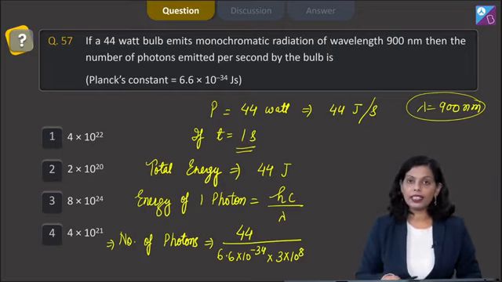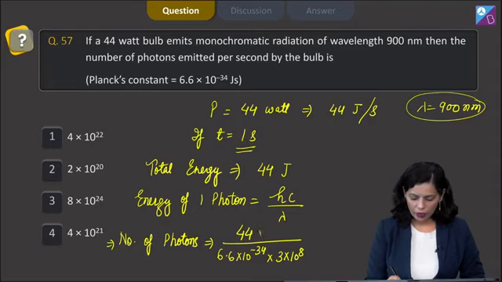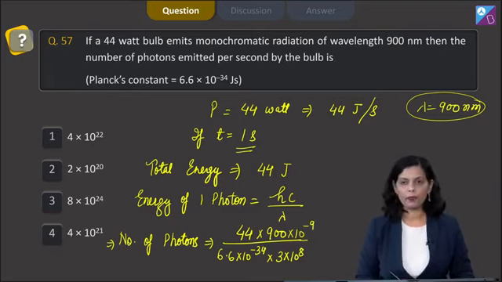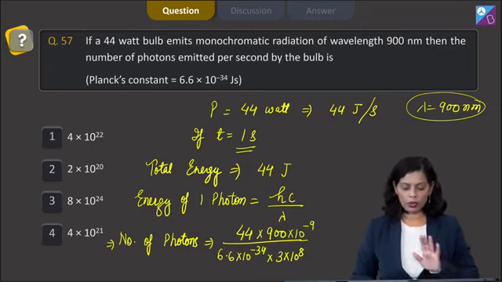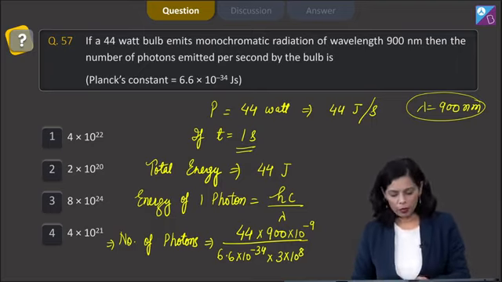Divide this entire thing by lambda. If you are dividing by lambda, that lambda will come here, that is 900 nanometer. I'm just changing it into meter by multiplying by 10 raised to the power minus 9. Done. Values are kept and your turn is just to simplify and solve this. It is a simple calculation: 900 by 3 can easily be cut, and 44 by 6.6 can easily be cut, right?